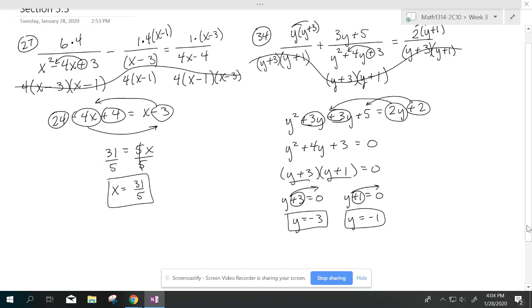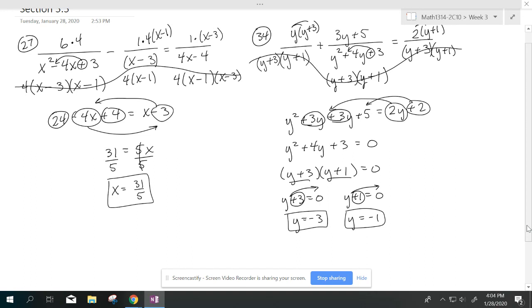And how many answers did I get? I wonder if those are valid solutions. Oh, let's check and see if they're valid, okay? Now, do y'all remember this first fraction over here on the end? What was his denominator originally? Just y plus 3, right?